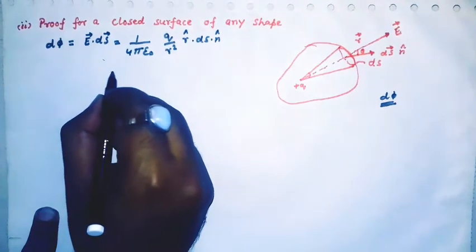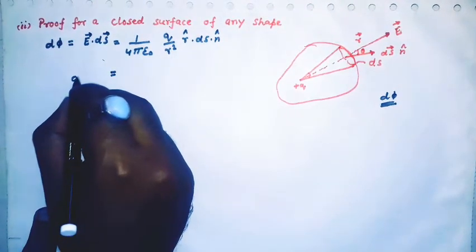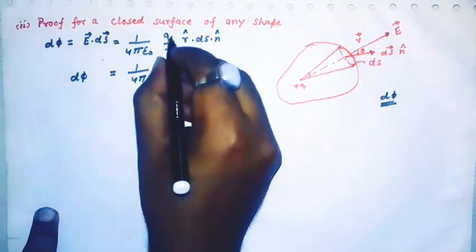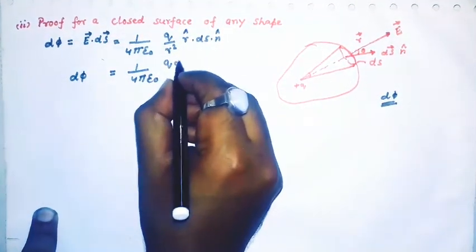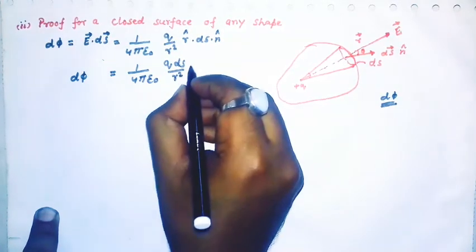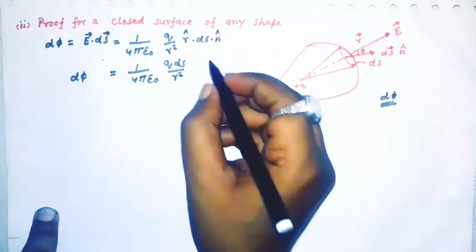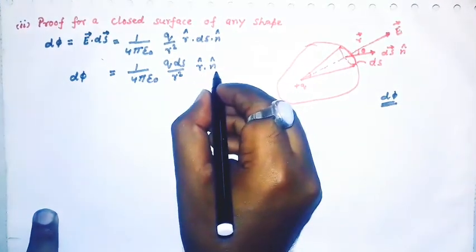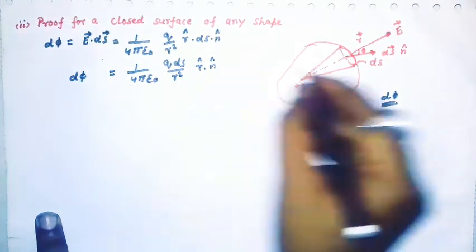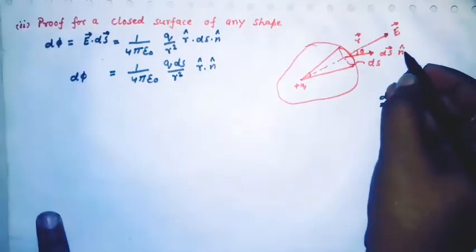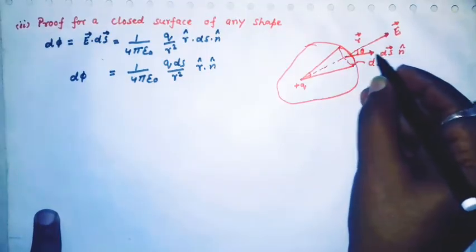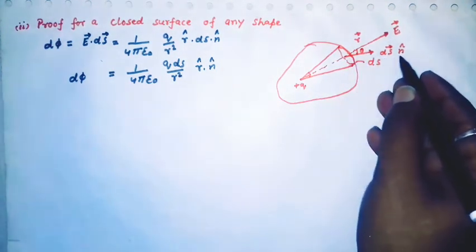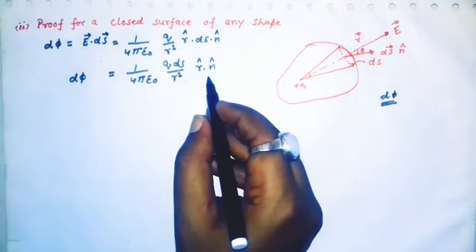So let us rearrange. d phi equal to 1 upon 4 pi epsilon naught q ds by r square, r dot n. Here the angle between r and n is not exactly 0 degree. So here we will take an angle theta between r and n.